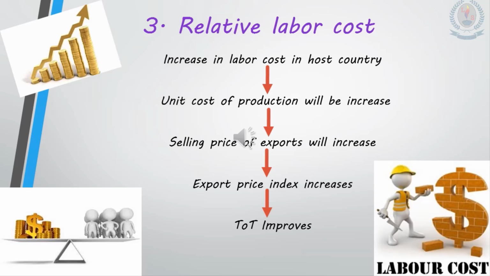In order to cover that cost, we will have to sell at a higher price to the international market. That means the price of our exports will increase. This leads to an increase in the export price index as well. So when the export price index increases, it improves the terms of trade.